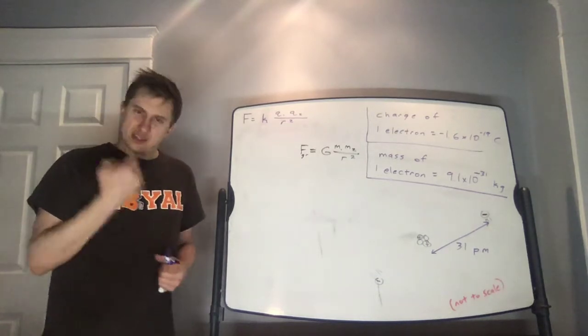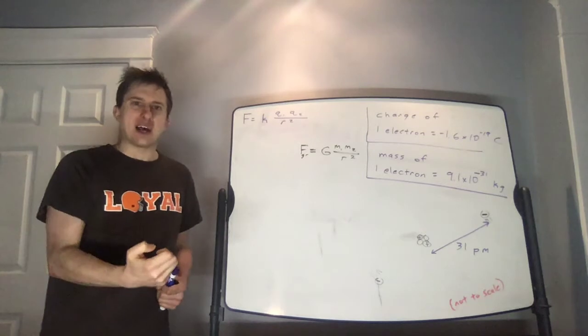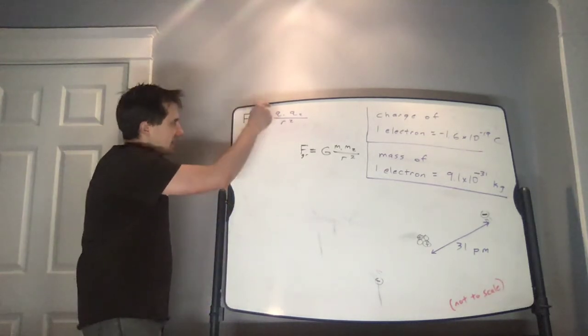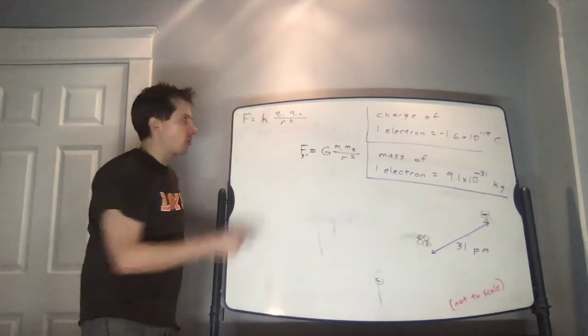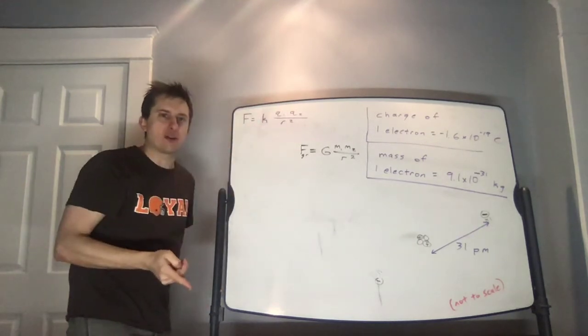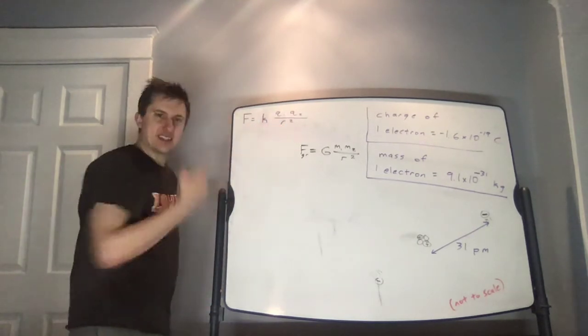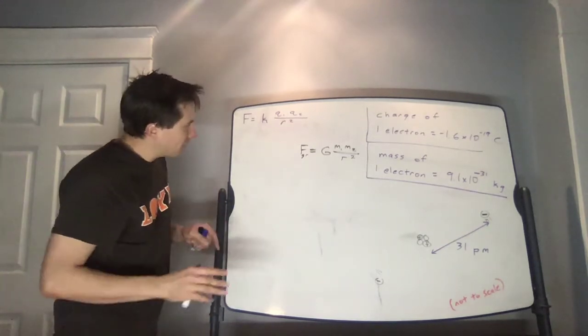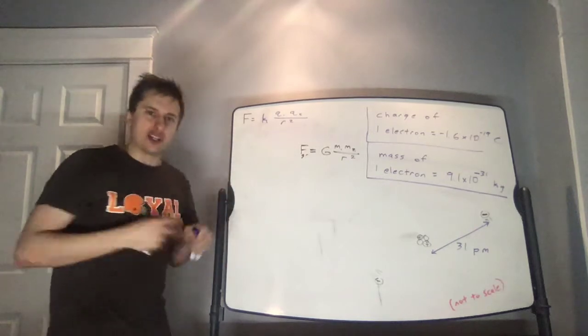Coulomb's law, describing the force on charged particles, is given as Coulomb's constant times the electric charge of particle 1 times the electric charge of particle 2 divided by the distance between the two particles squared. Look at how mathematically similar these two equations are.